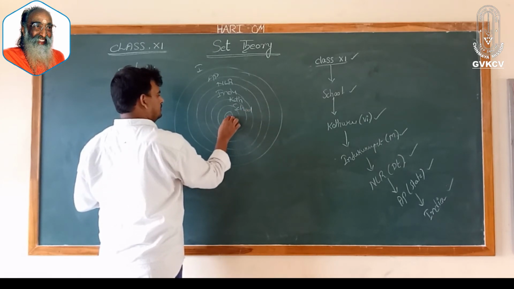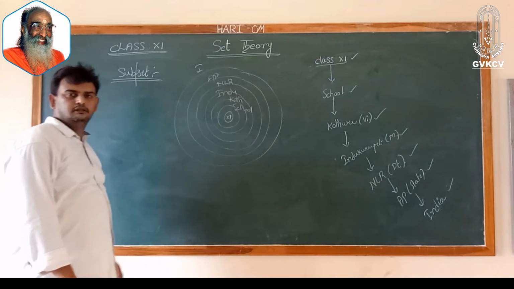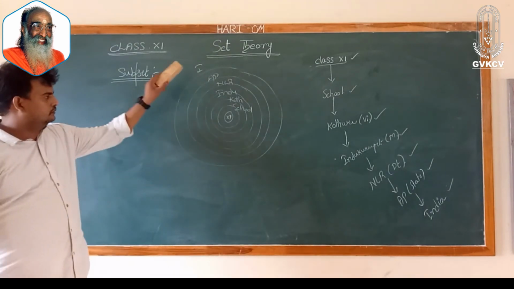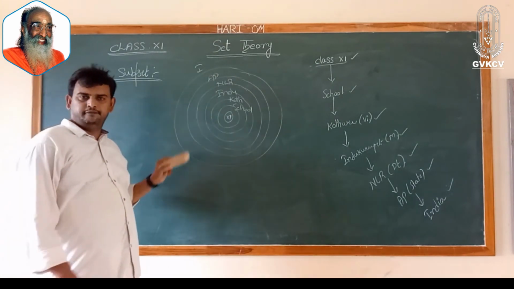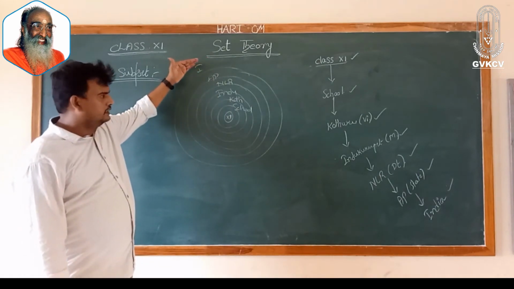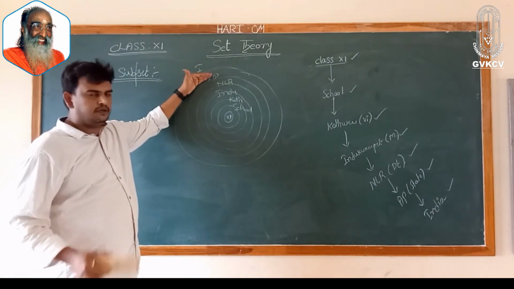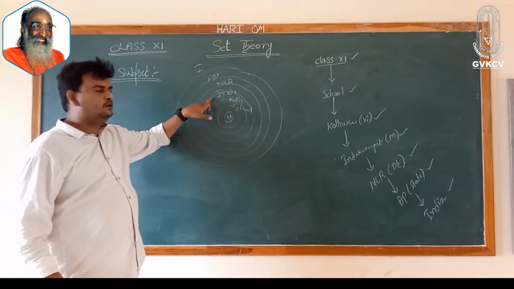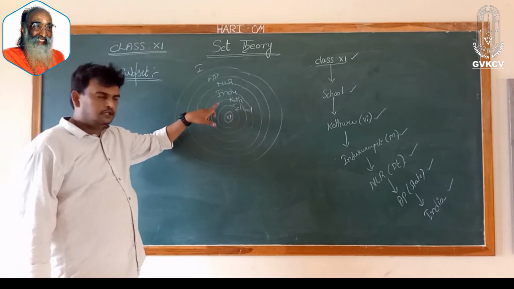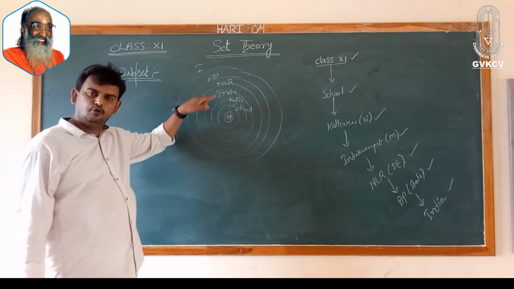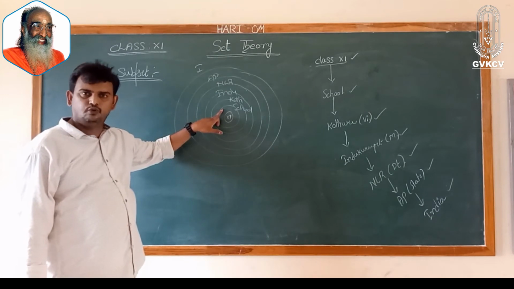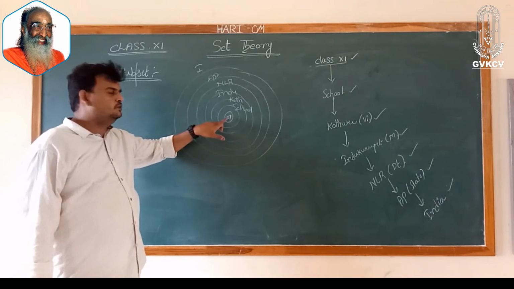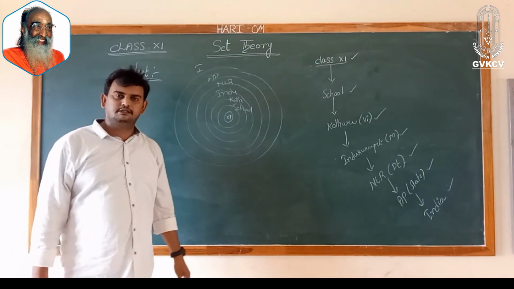In that we have class 11. So this is the sequential order. First India. In India we have AP. In AP we have Nellore. In Nellore we have Hindupet Mandal. In Hindupet Mandal we have Kottur village. In Kottur village we have GVKCV school. In GVKCV school we have class 11 students.